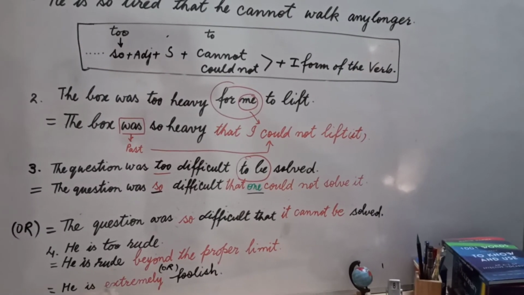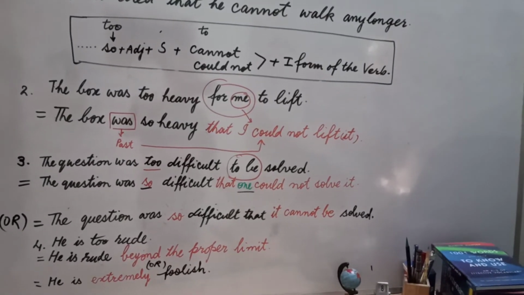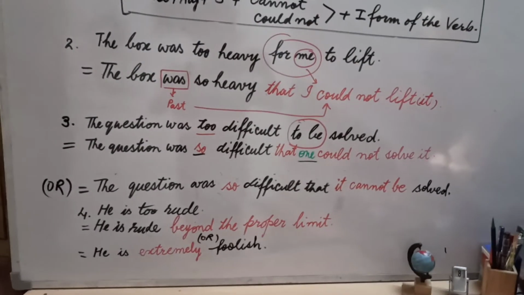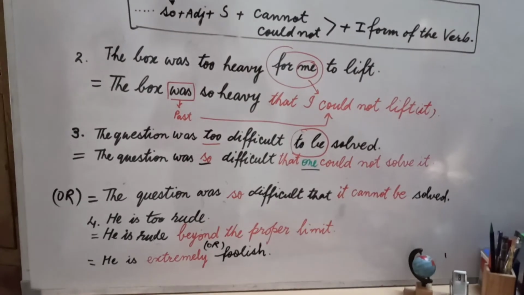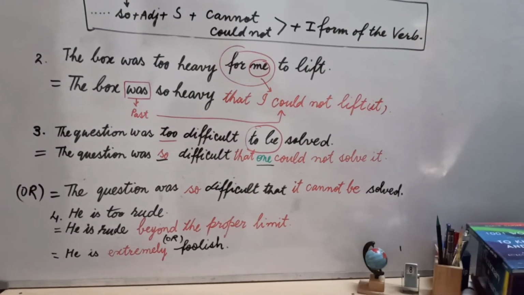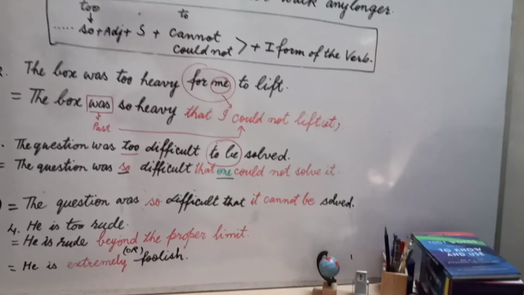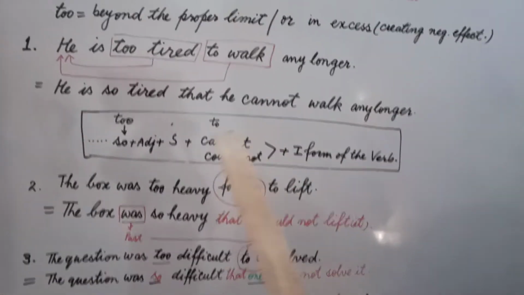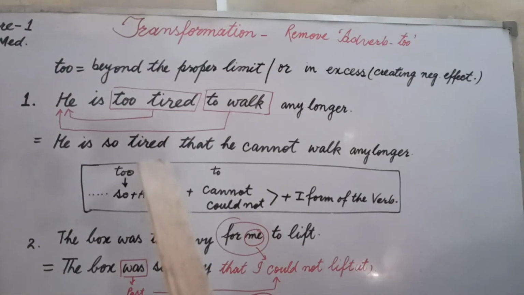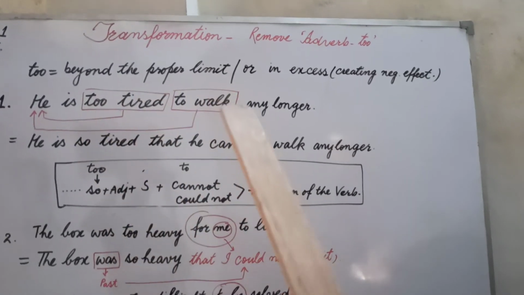In question number 4, there is no second part. It is based on a single part, that is, he is too rude. He is too rude. It means he is rude beyond the proper limit. Means "too", as I have already told you, is equal to extremely, in extreme form or beyond the proper limit.